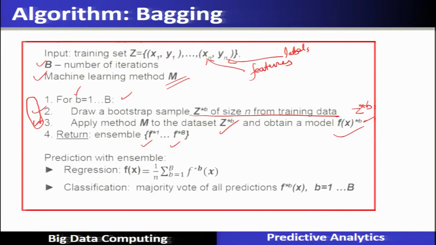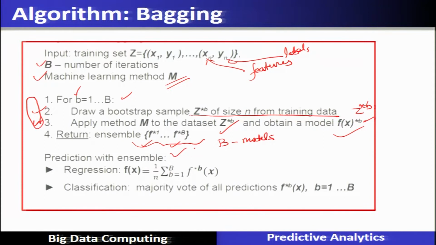How many models? B models, capital B, one for each iteration: f star 1, f star 2, and so on up to f star B. So it will be an ensemble of B different models. This ensemble is then used in the prediction.